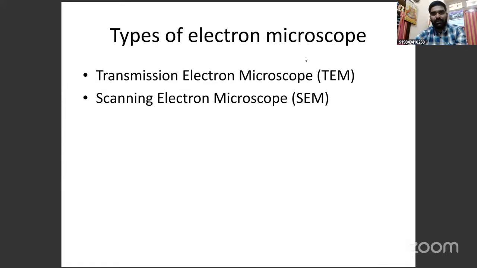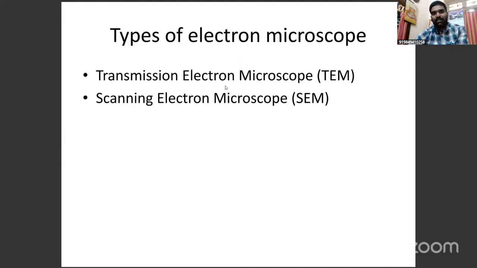Types of electron microscope. There are two types of electron microscope: transmission electron microscope and scanning electron microscope. The electron microscope uses high intensity electrons which fall on the specimen or sample so that we get the images.